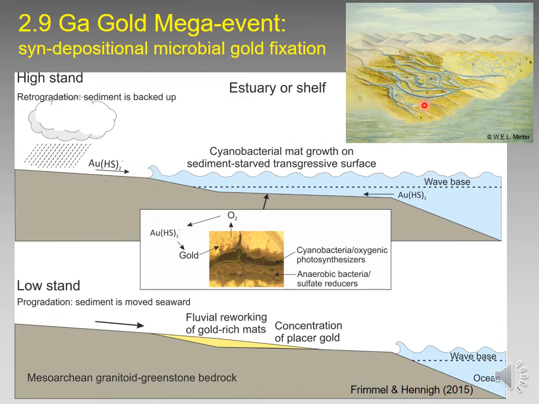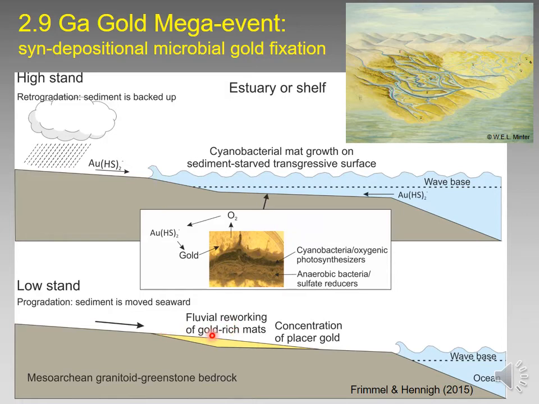And in these kind of settings, we get the precipitation of gold on the surface of microbial mats, the first probably cyanobacteria that produced oxygen through photosynthesis. Then, of course, we have maybe a regressive event, and our microbial mats, well, they're very delicate structures. They would have been reworked by mechanical reprocessing of the sediment.